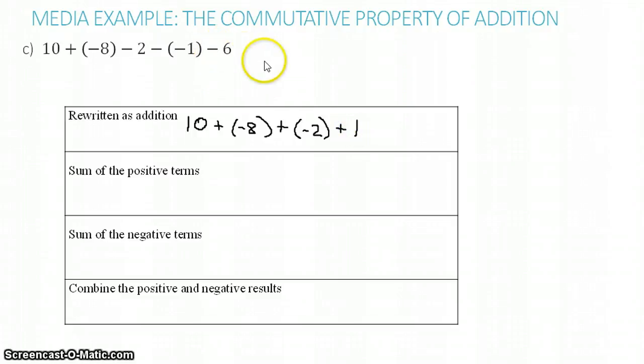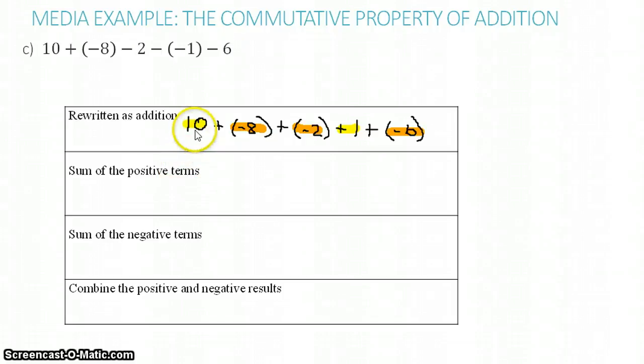And instead of -6, we're going to put plus -6. Now our positive terms are 10 and 1, and our negative terms are -8, -2, and -6.